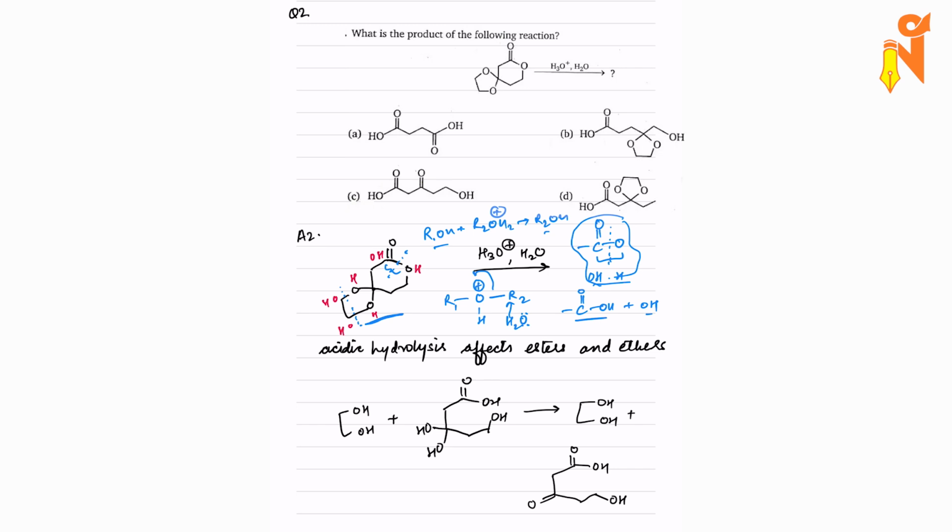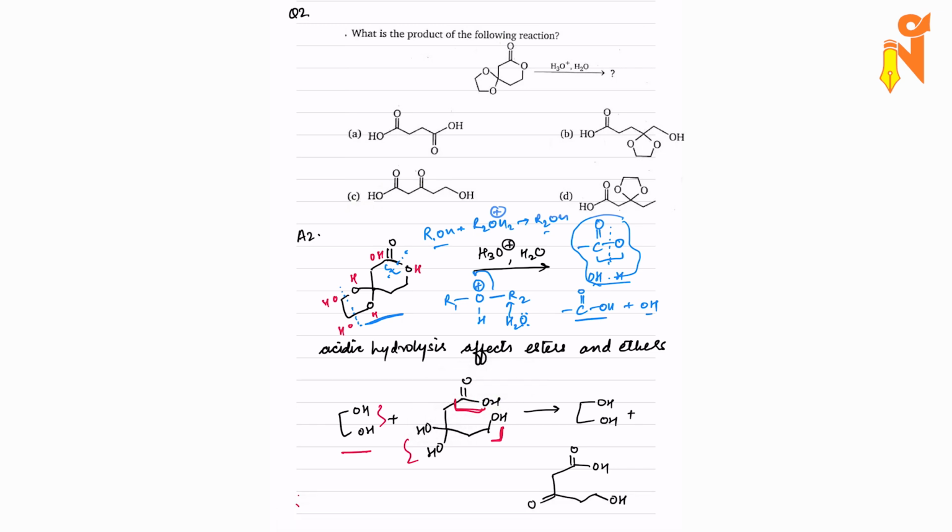So for esters as well as cyclic ethers, acid hydrolysis takes place and we get the respective alcohols when you have ether, and we get carboxylic acid and alcohol after hydrolysis of ester. I hope you have understood. I think I have messed it up a little bit.